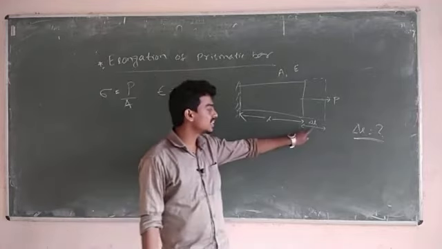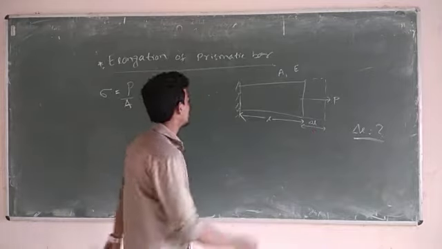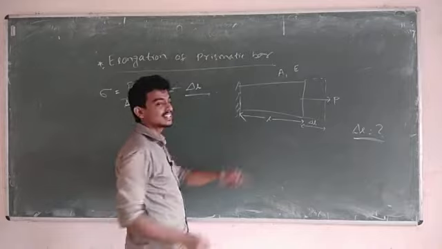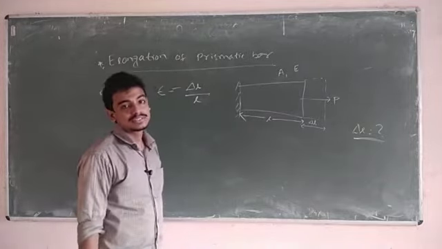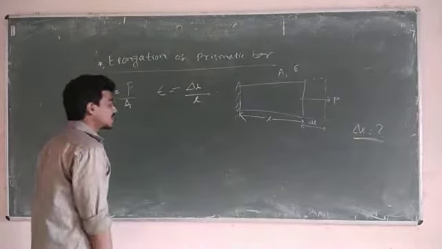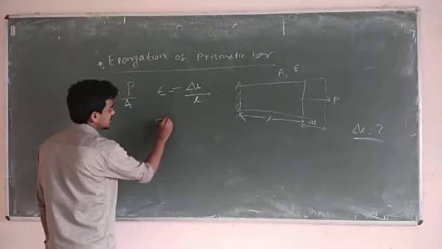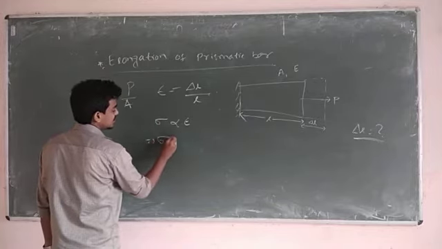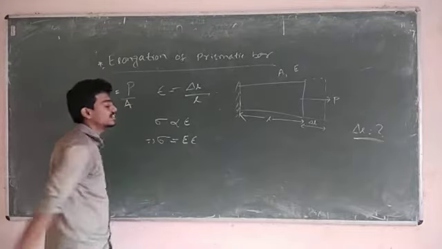The change in length is the elongation, delta L, and the original length is small l. Now you have studied one most important law, Hooke's law. Hooke's law states that stress is directly proportional to strain, and stress is equal to Young's modulus of elasticity times strain.